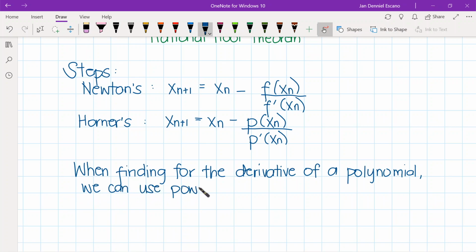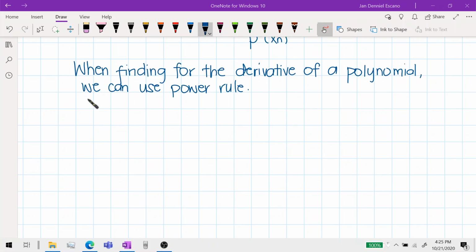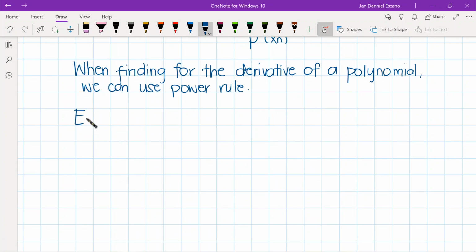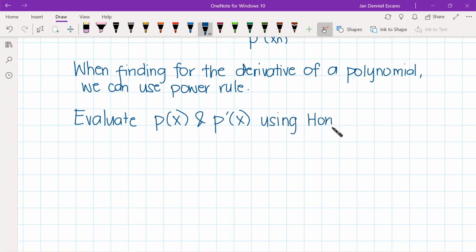Okay, so take note, you use the power rule in finding the derivative of a polynomial. And now we can evaluate for p of x and p prime of x using Horner's method.